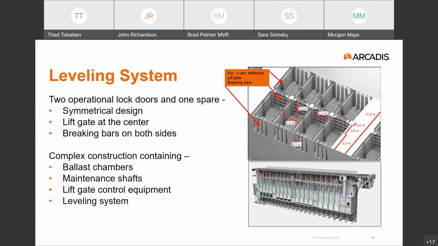So one of the things that the lock fill simulations are used to do is to arrive at an optimum gate actuating speed such that the leveling times are acceptable to all, and the disturbances by the flow in the lock are minimum. The braking bars are intended to help with that by breaking up the flow coming out of the opening.